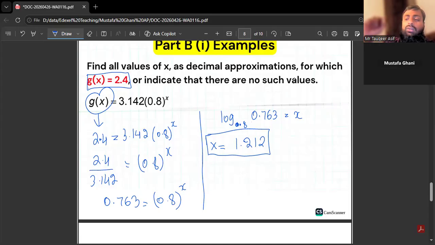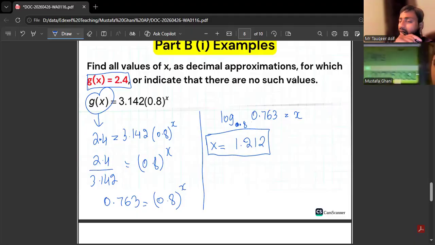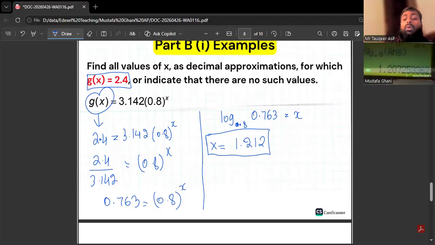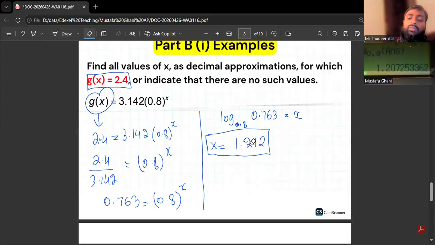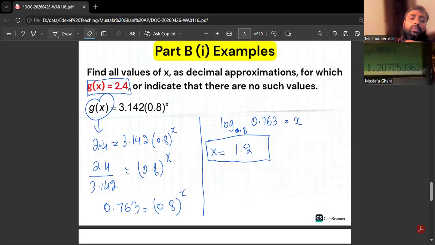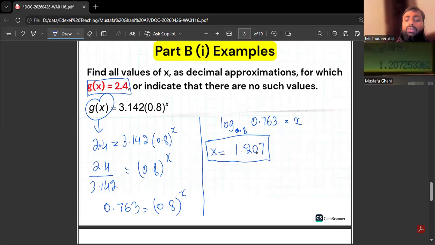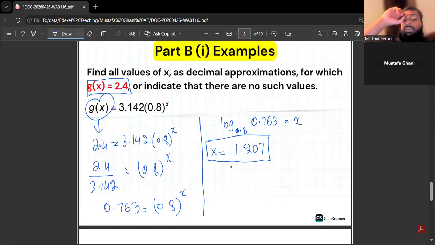Should I press equal? Yes, now what is the answer? Could you please show me? Sir, we are getting this. Oh, wow, could you see the variation? It's 1.207 now. So that's the answer, right? Yes, 1.207.